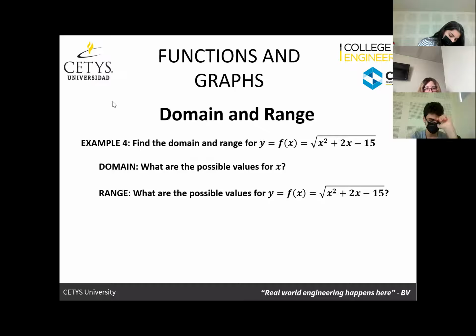We have y equals the square root of x squared plus 2x minus 15. How could we approach that one? What are we seeing there? Well, we have an x inside the square root, so it's different than the other one.